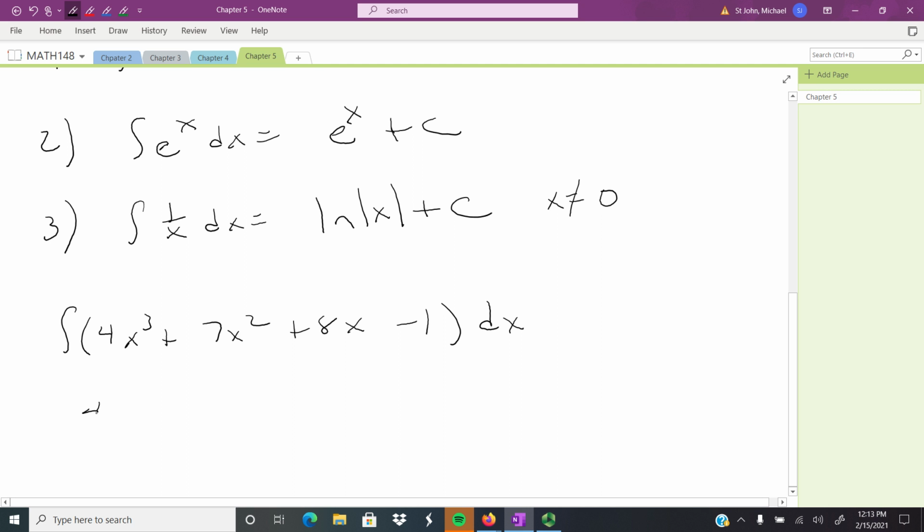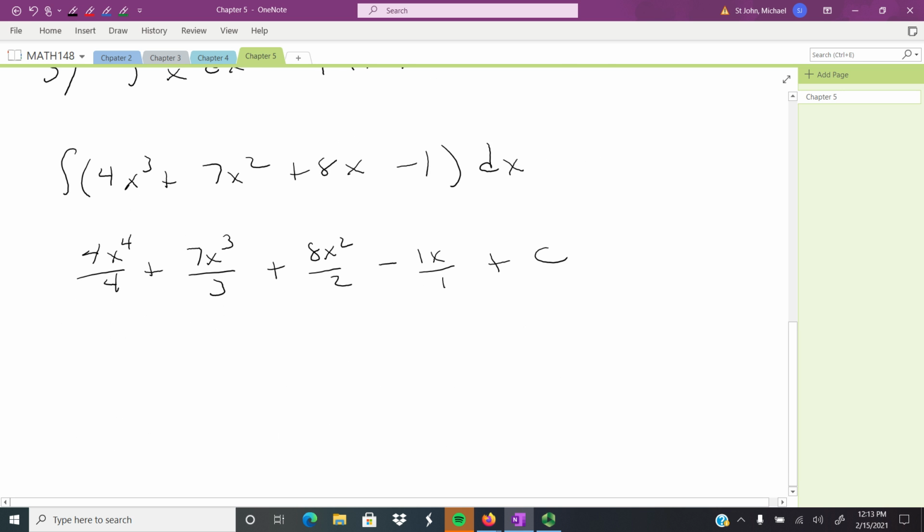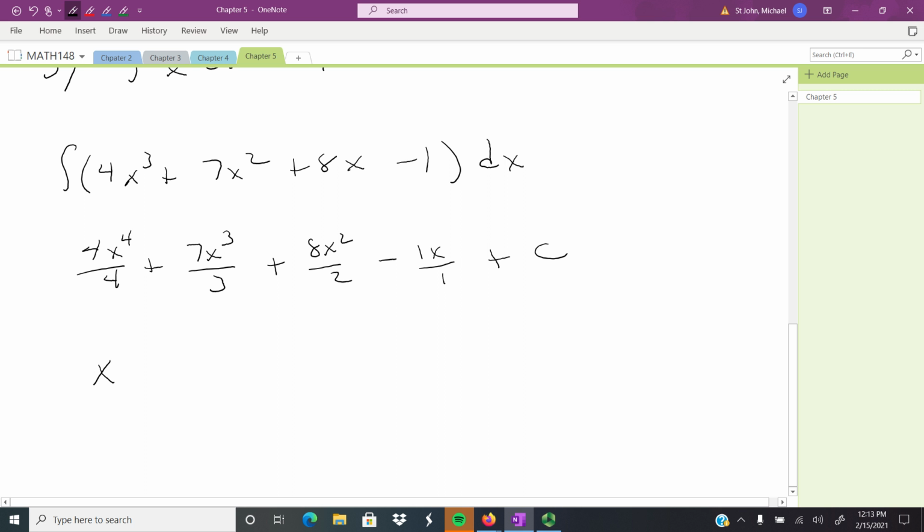Then this is going to give me 4x to the 4th over 4, plus 7x cubed over 3, plus 8x squared over 2, minus 1x over 1 plus c. This can be simplified. x to the 4th, plus 7/3 x cubed, plus 4x squared minus x plus c.